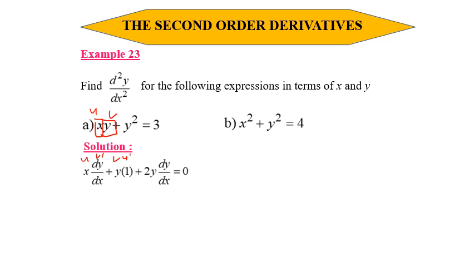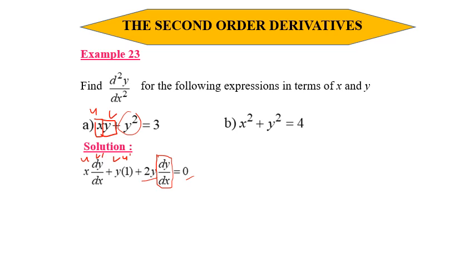And then for y squared, we differentiate the power, so it will be 2y. And don't forget, since it is y, you have to multiply with dy/dx. Okay? And then on the right hand side, we have a constant, so don't forget, when we differentiate a constant, it will be 0, right? Next we rearrange.